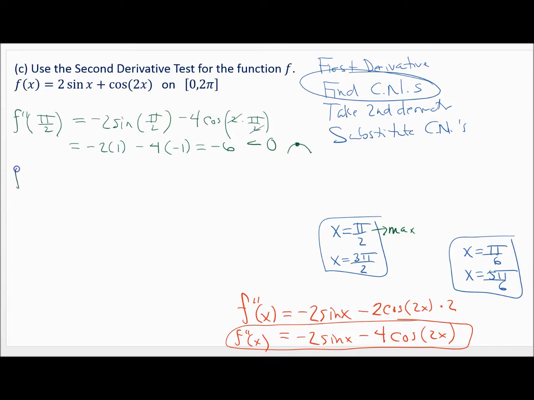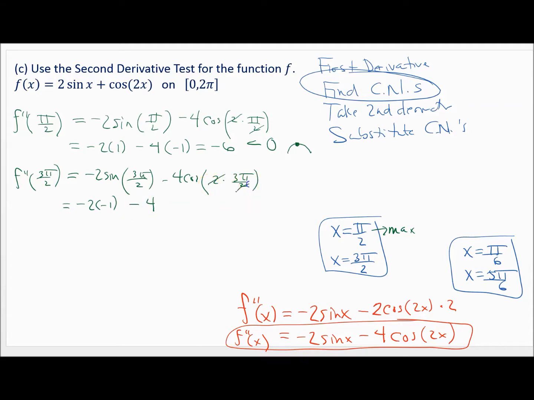Okay, let's find the second derivative with 3 pi over 2 plugged in. I'm not doing these in any particular order, by the way. So that's negative 2 sine of 3 pi over 2 minus 4 cosine of 2 times 3 pi over 2. Now, sine of 3 pi over 2, remember that's at the bottom, sine's a y value, so that's negative 2 times negative 1, minus 4.